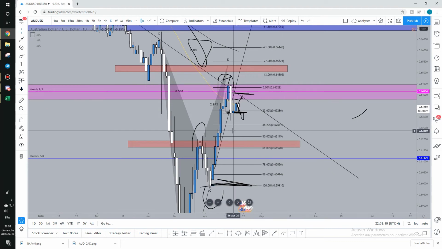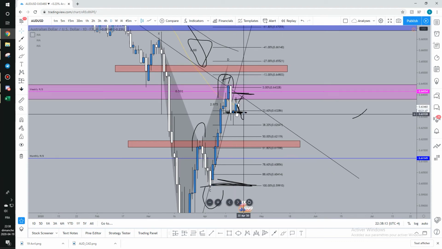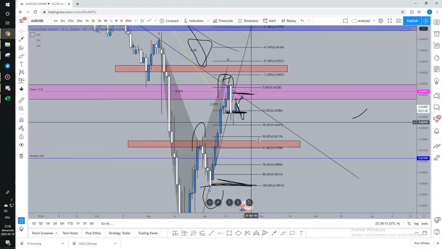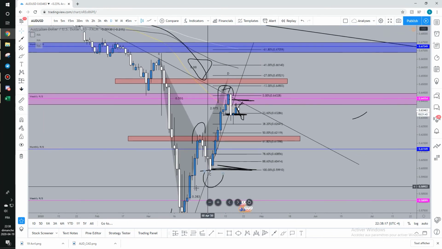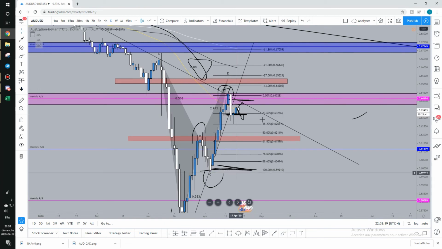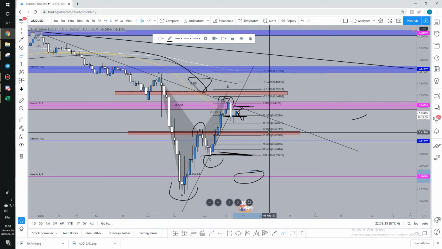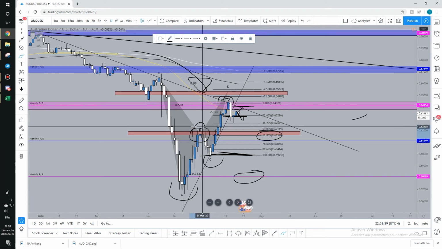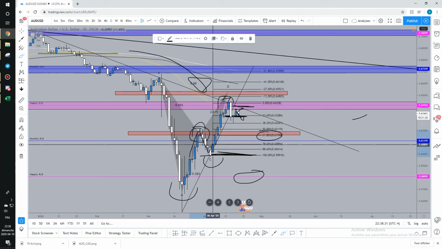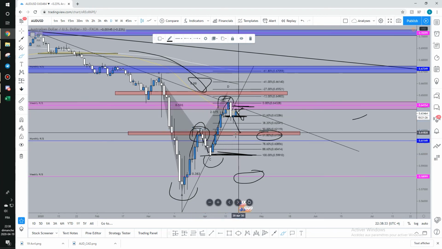So for the daily time frame, this will be my entry at the break of the support zone there. But since the daily time frame has a bullish structure, our first target will not be the weekly resistance support here. It will be the confluence zone with the 61.8% Fibonacci and the resistance zone that we broke and now that we'll test as a support.